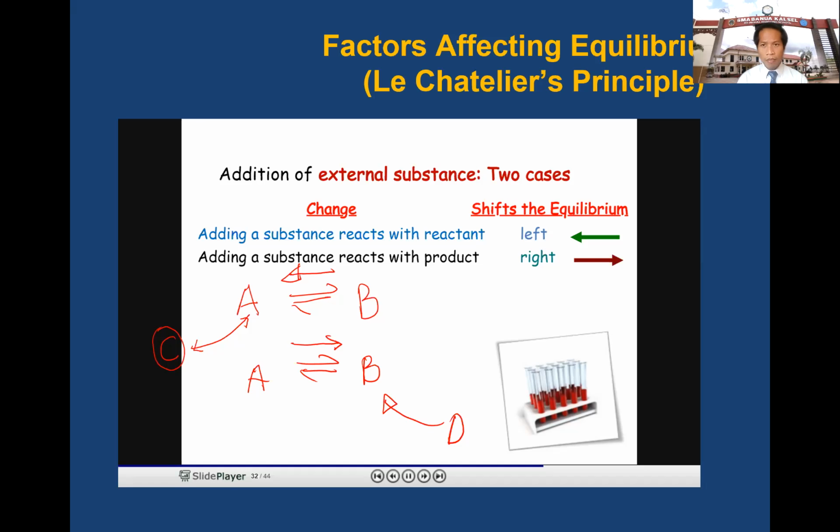Sir, can I ask? Yes. So for example in the first case, C is reacted with A, so the reaction would have B as reactant, and C plus A as product? No. C is reacting with A in another reaction. It is not a reaction between A and B. C is a disturbance in here.